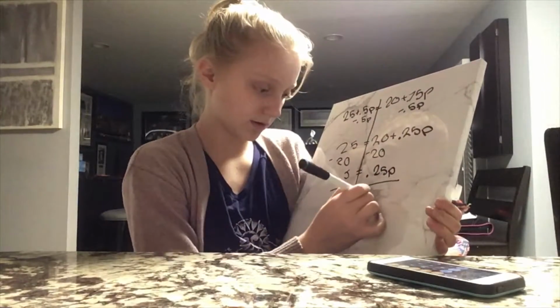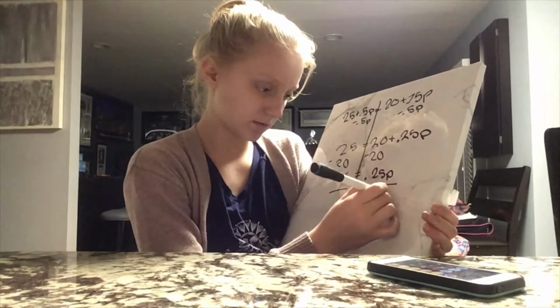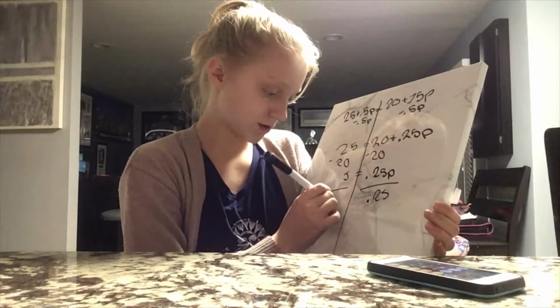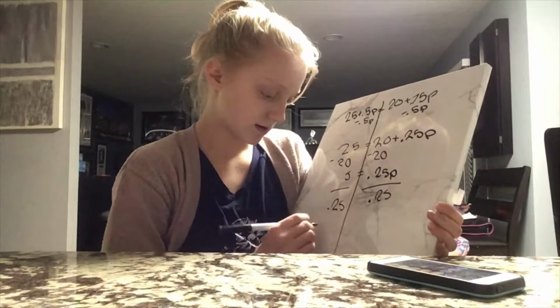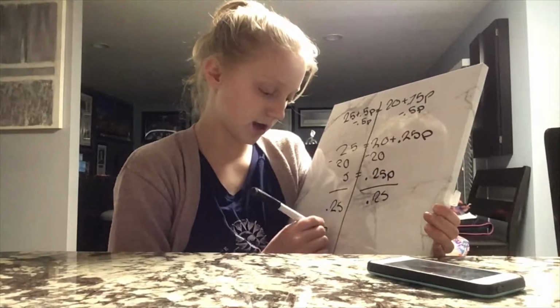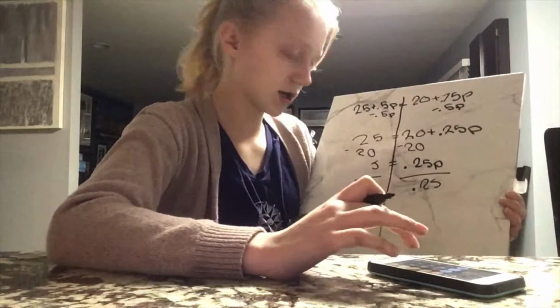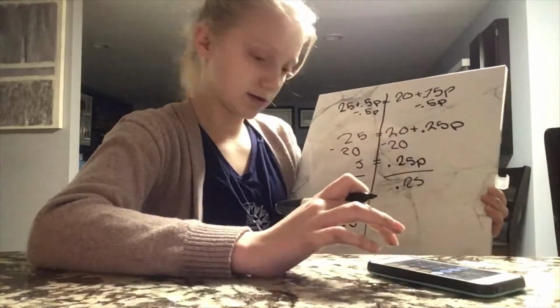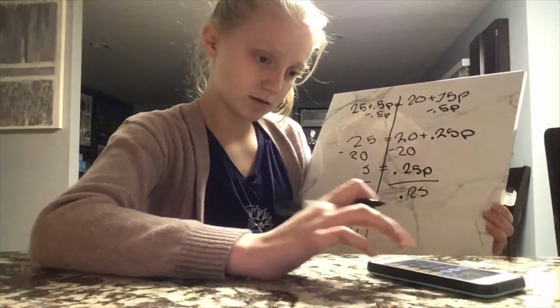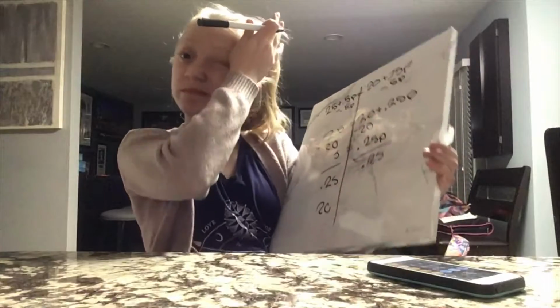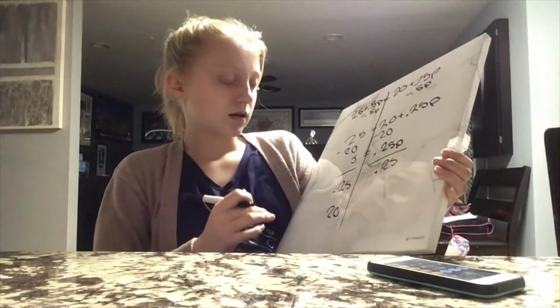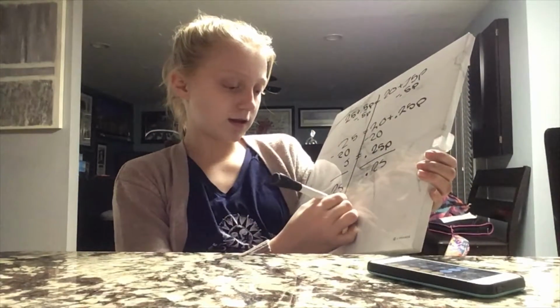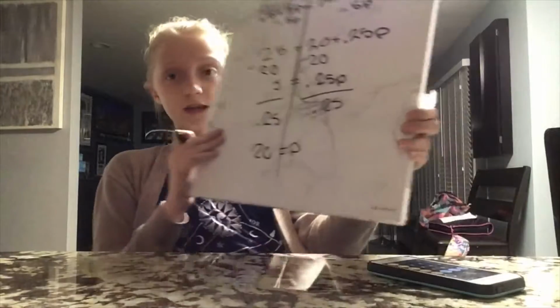So I'm sorry, we're going to divide by 0.25. That would be 20, I believe. Let's just check. 5 divided by 0.25, yes, 20. And now this would be 20 equals p. So we got 20 pounds of meat. That's all I need. 20 pounds.